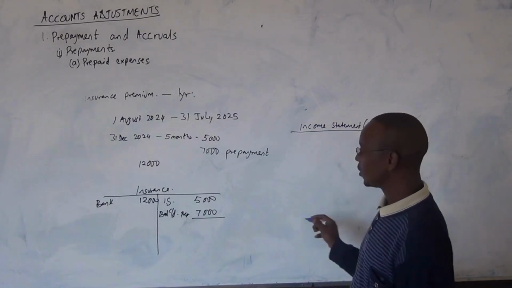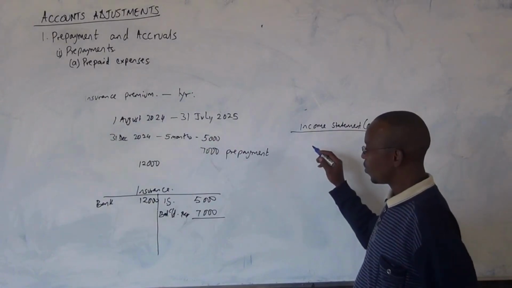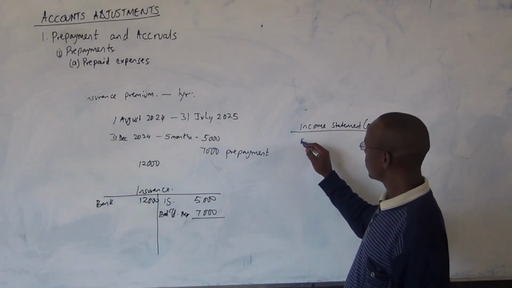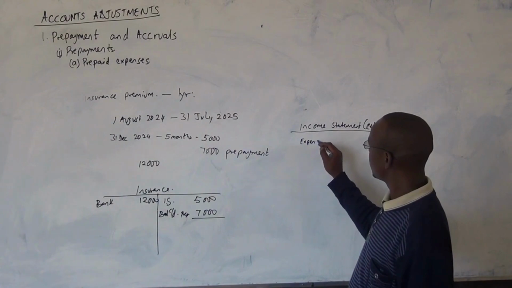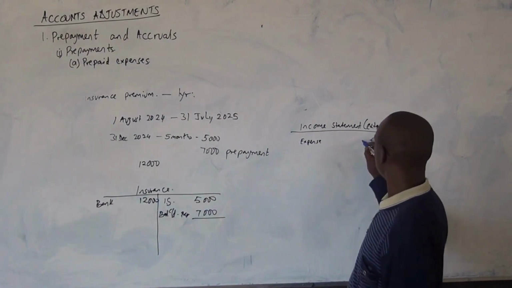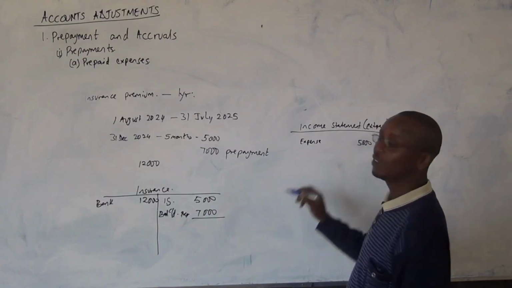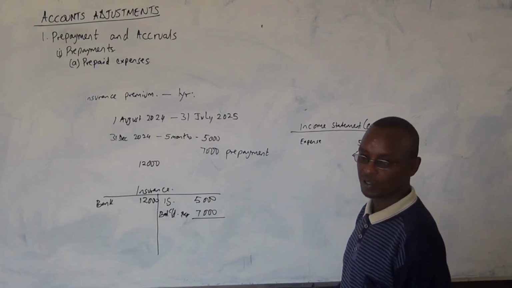On the side of expenses, you write 5,000. That will be the expense for the year.